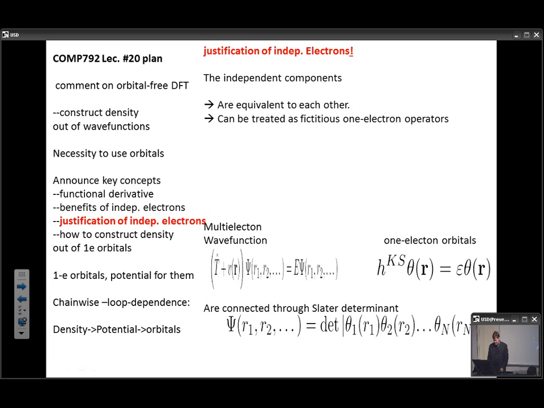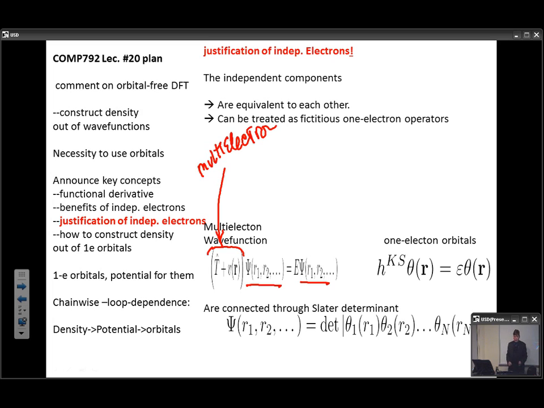And now we do have the following players in the game. We have the fictitious multi-electron operator that we obtained as a functional derivative from the total energy, and it can generate the multi-electron wave function.